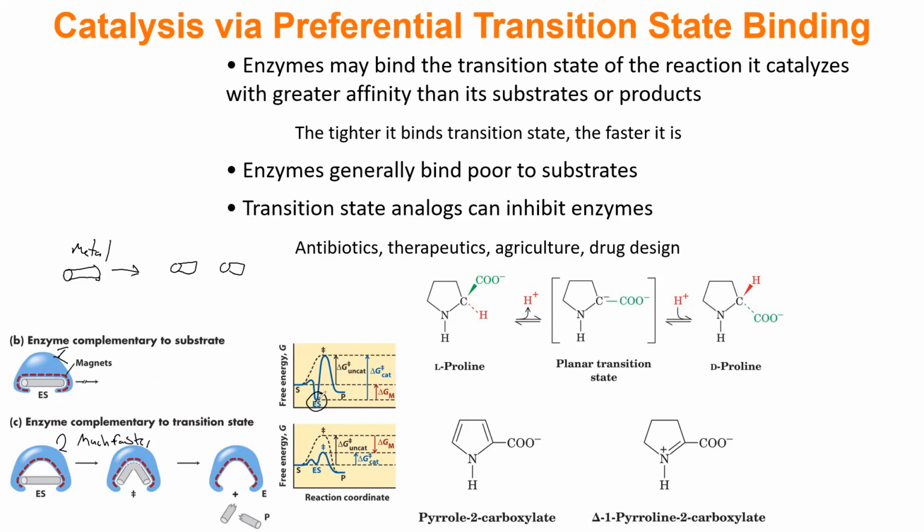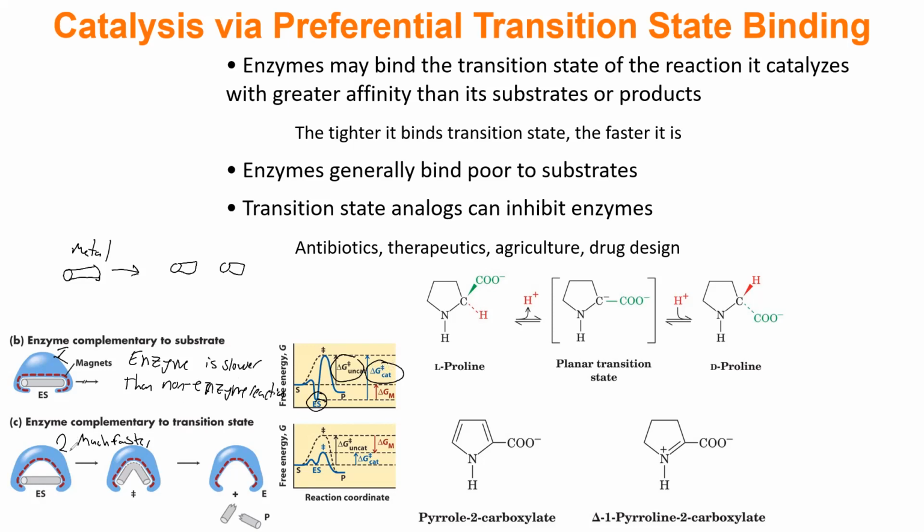That means that delta G double dagger is actually a bigger gap than it is in the uncatalyzed reaction. So if our binding site is perfect for our substrate, the enzyme is slower than the non-enzyme reaction. Because we have just increased the value of delta G double dagger.